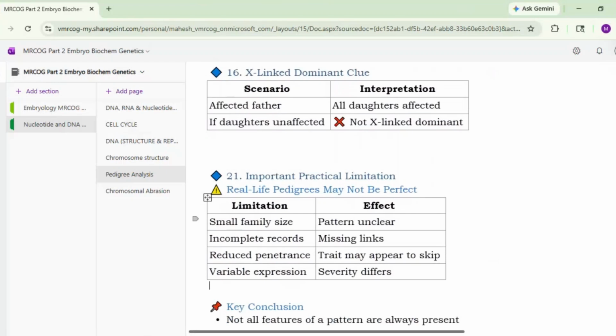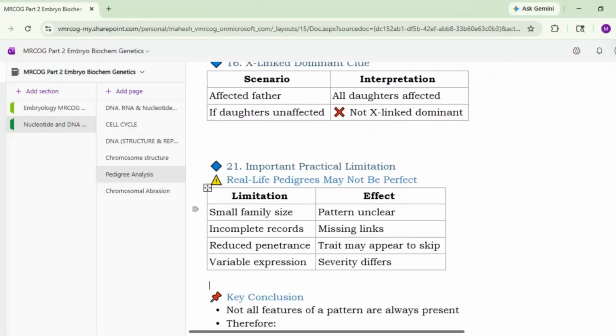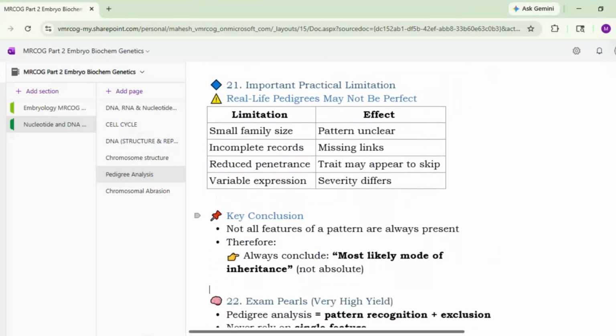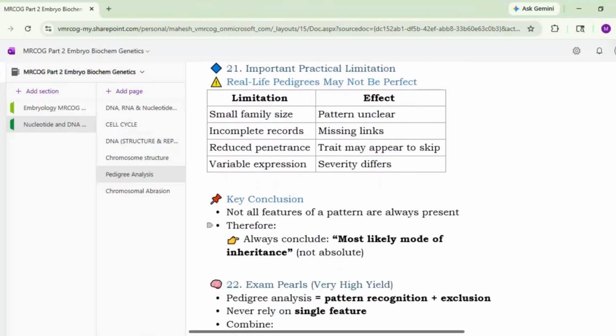Then reduced penetrance: a trait may appear to skip. Then variation in expression: the severity will differ. That may affect how we classify or put it into the pedigree chart. A minor severity may not have been brought to medical attention, so it is clinically not significant, but the trait is there. So these are certain limitations.